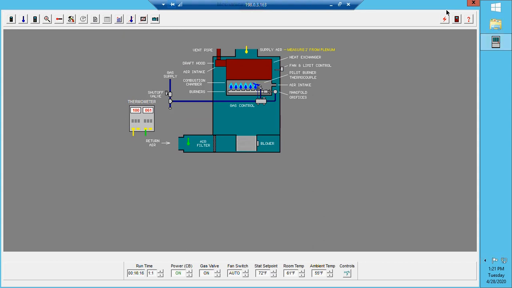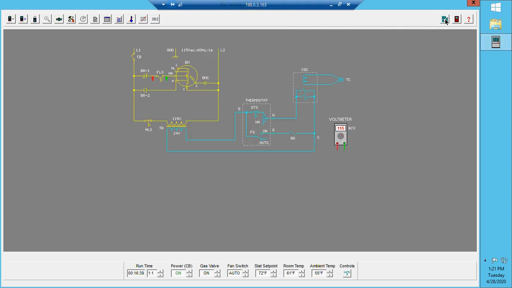Okay, this is where I want everybody to understand that you do need to understand sequence of operation in order to properly troubleshoot and fix a gas furnace. If you have a problem with that, you are going to have a problem in real life trying to fix a furnace. It's also important to know that, yes, you do need to understand how a wiring diagram works, but you also need to understand that sequence of operation.